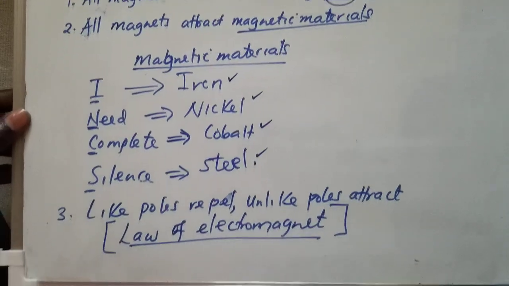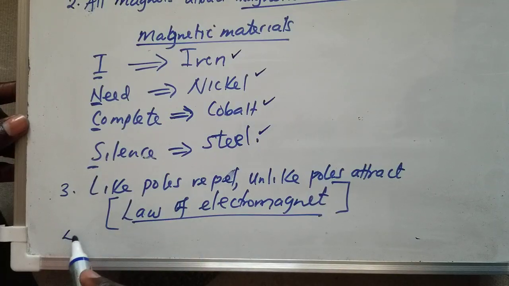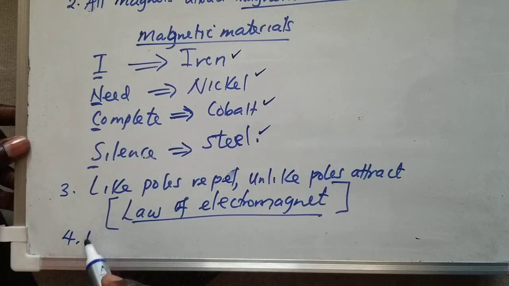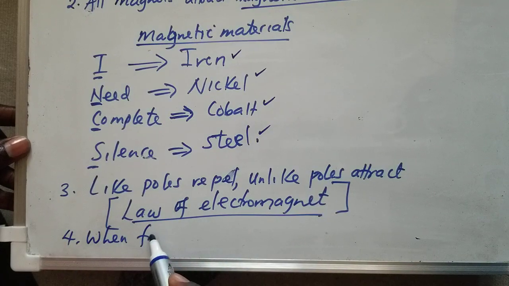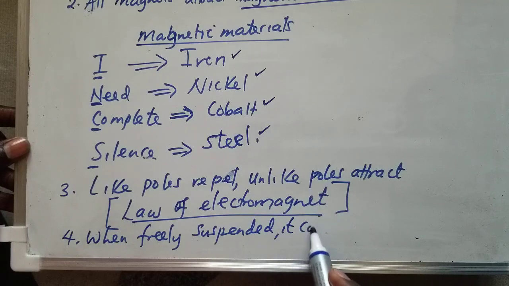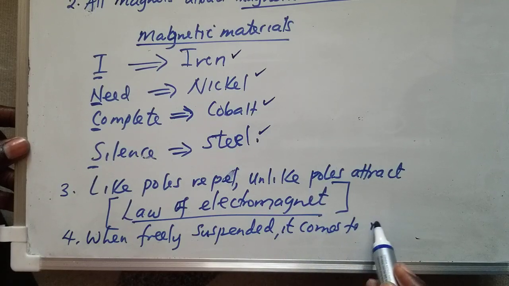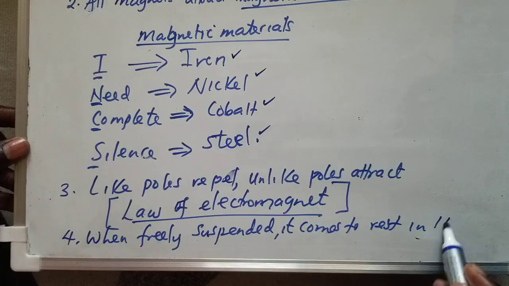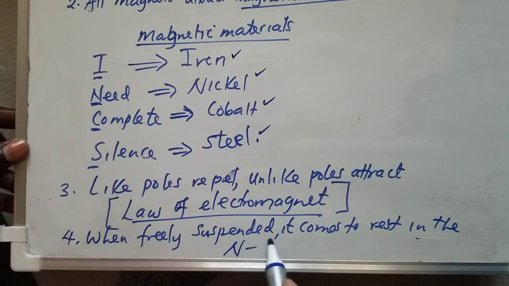Then the last but not the least property that I can talk about is that when a magnet is freely suspended, it comes to rest in the north-south direction.